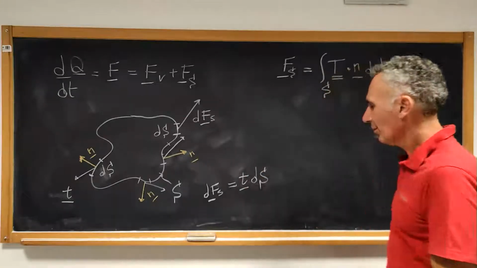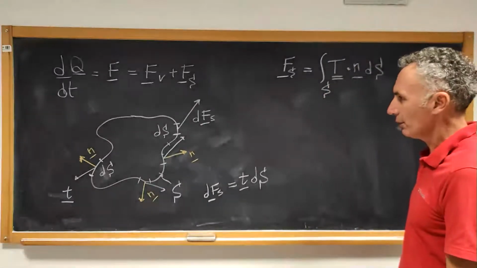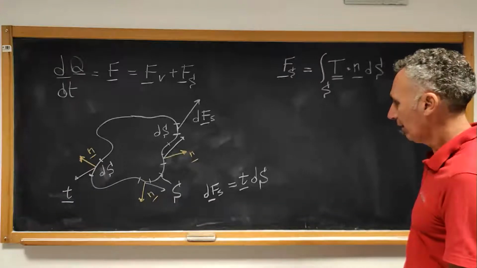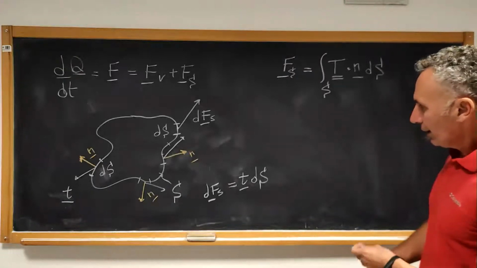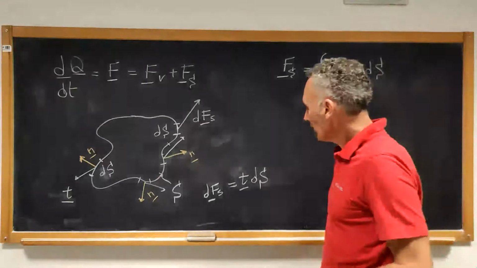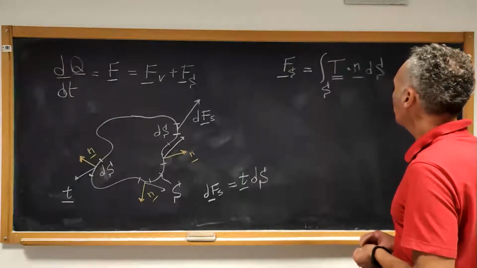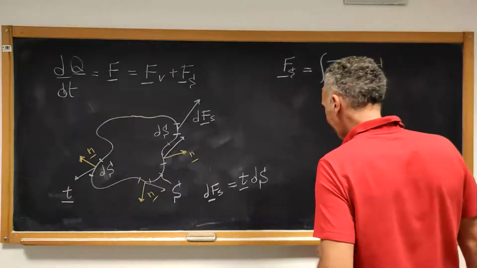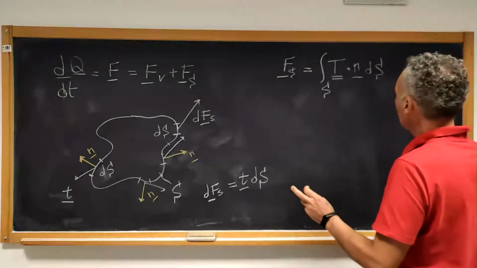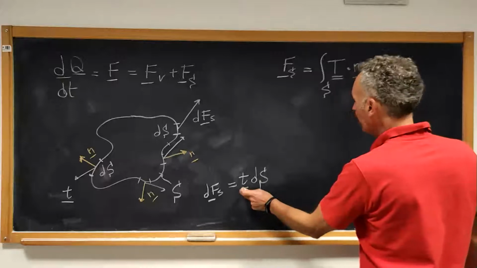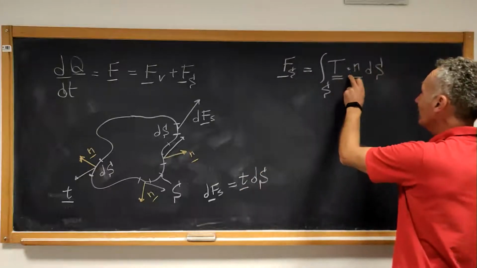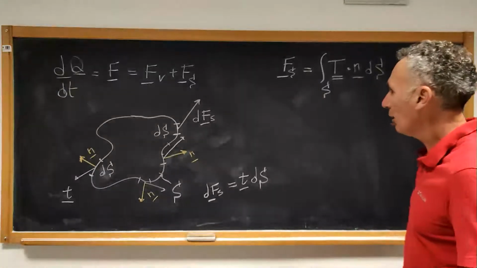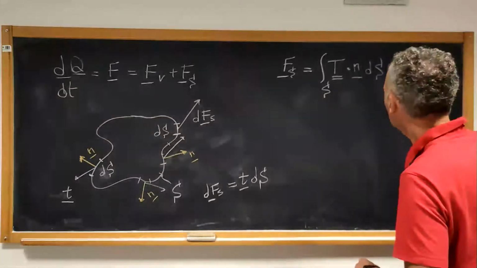Okay? So this would give a force. Let's hope I'm correct. Okay. So something now I would like to show is that this tension is in fact T dot n, and this T is the tensor we were claiming last time.